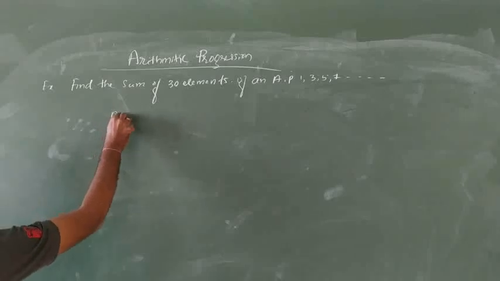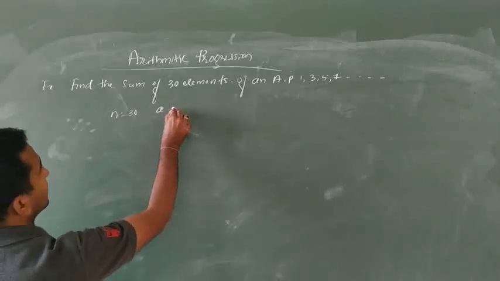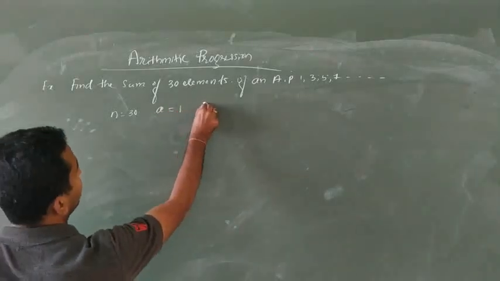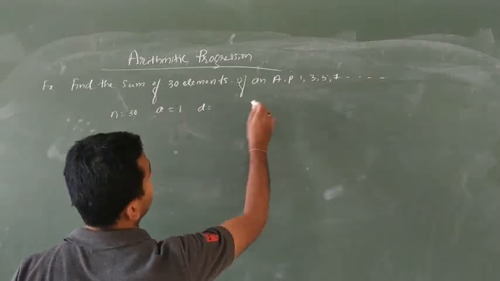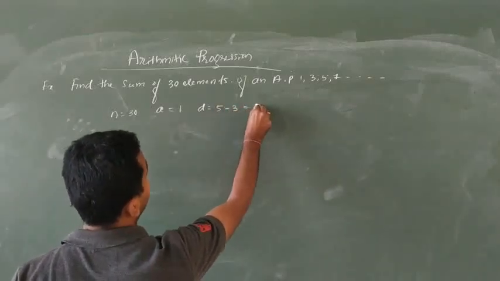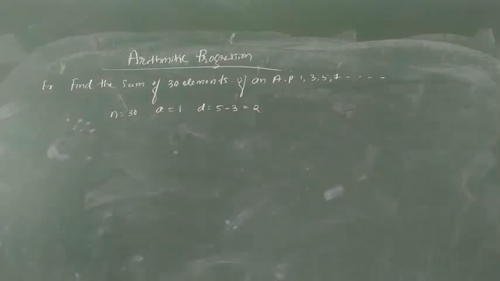We have to find the sum of 30 elements. It means the number of elements we are going to add is 30, and the first element is 1. The common difference is 5 minus 3, that is 2, or 3 minus 1, that is 2. The common difference should be the same.